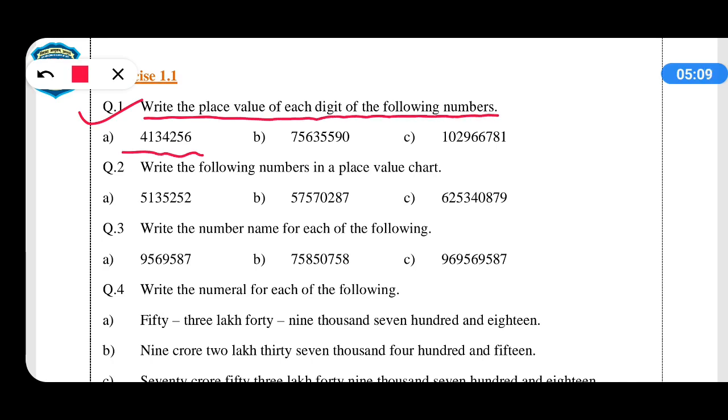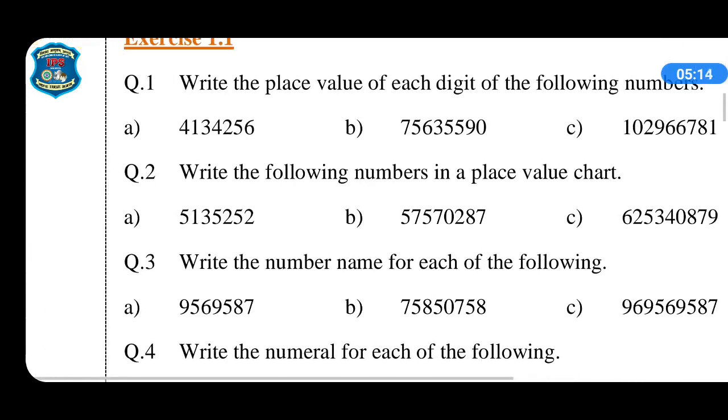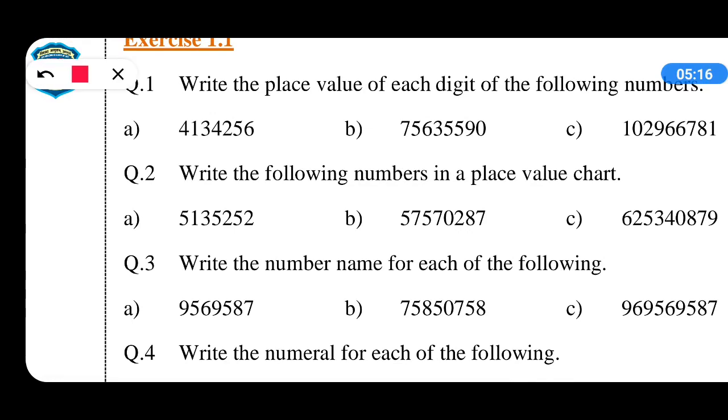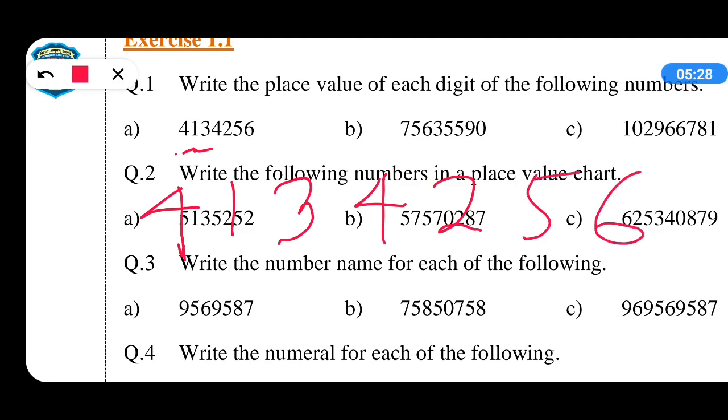A number is given here, right? See this number. You have to write the place value of each digit here: 4, 1, 3, 4, 2, 5, 6. You have to write the place value of each digit, right?